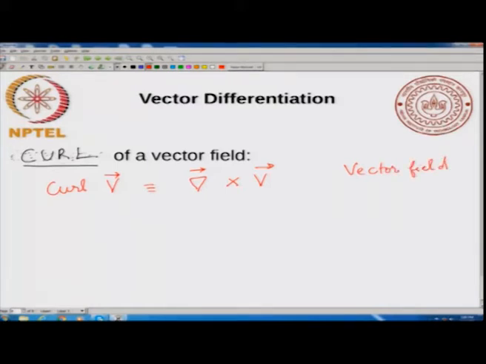Obviously since it is a cross product, it is specific to 3 dimensions. So the definition of curl is specific to 3 dimensions.